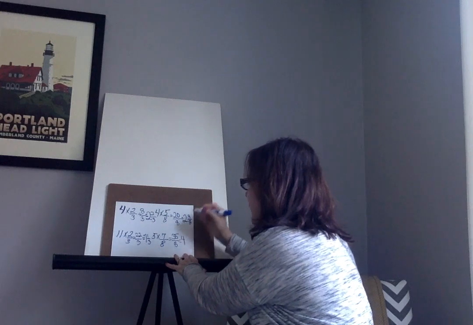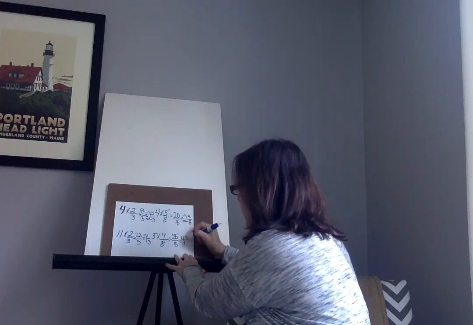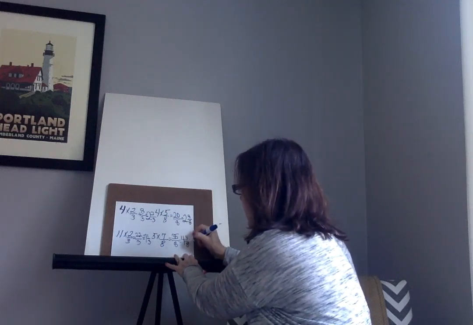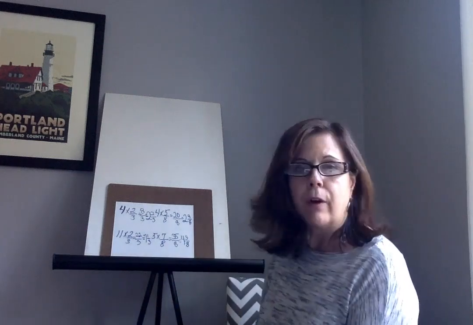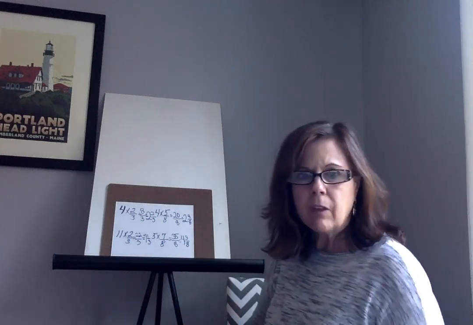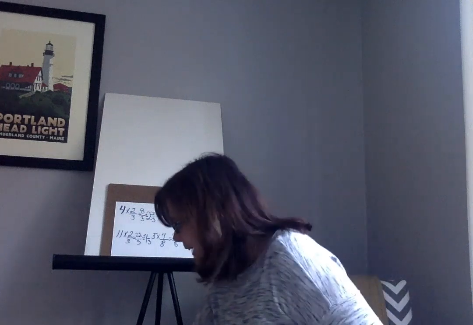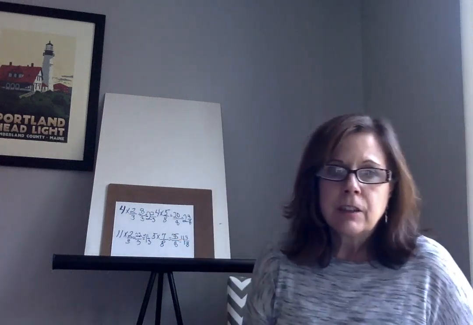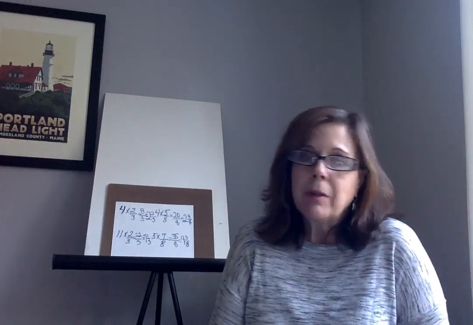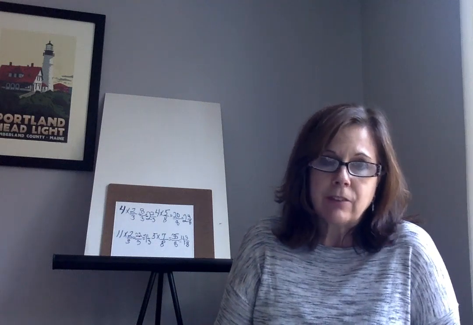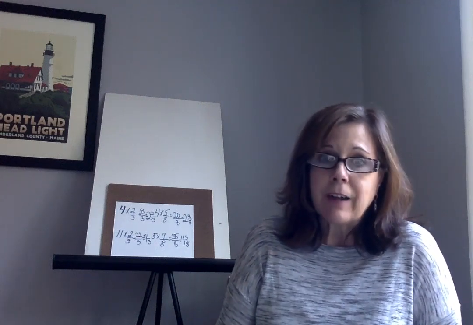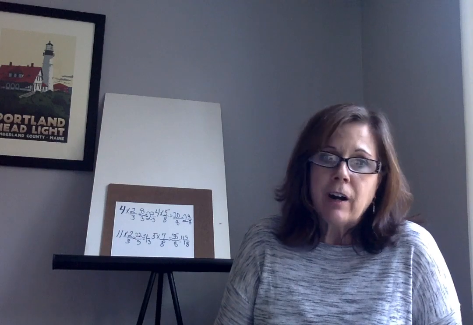So 32, and then it would take 3 more to get to 35, and the denominator stays the same. 4 and 3/8. Okay, so that's today's lesson, multiplying by unit fractions and multiplying whole numbers by fractions that aren't always unit fractions. So we're going to get that under our belt today.